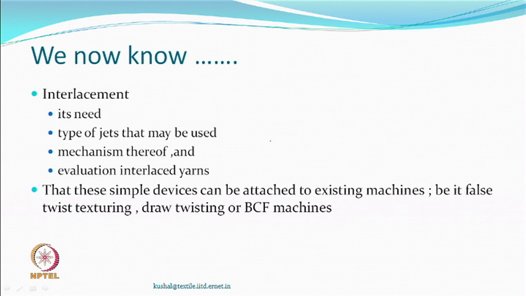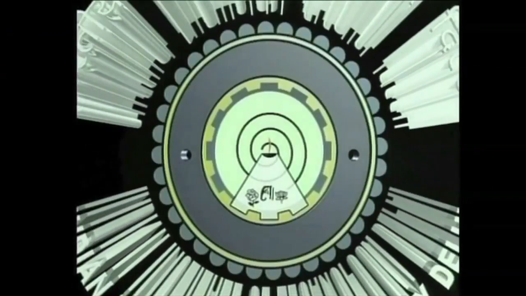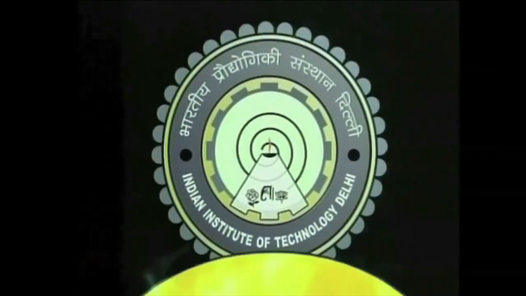It must be remembered that these are the devices which will be attached to the main machine, whether you are producing a draw twisting, false twist or bulk continuous filament yarn, because their filaments are supposed to be free. So, you do not want the filaments to be so free that it is difficult to control. There we are.